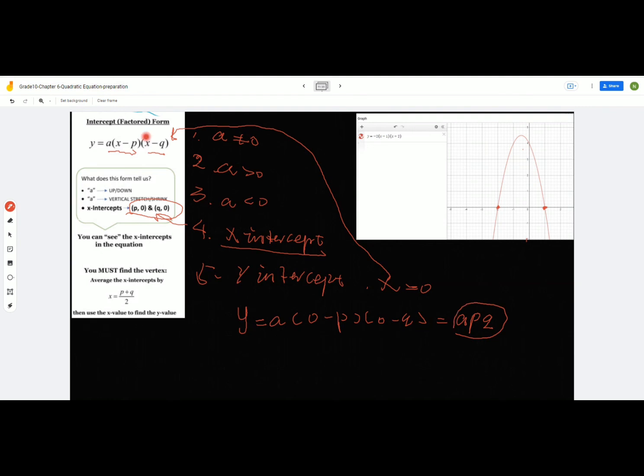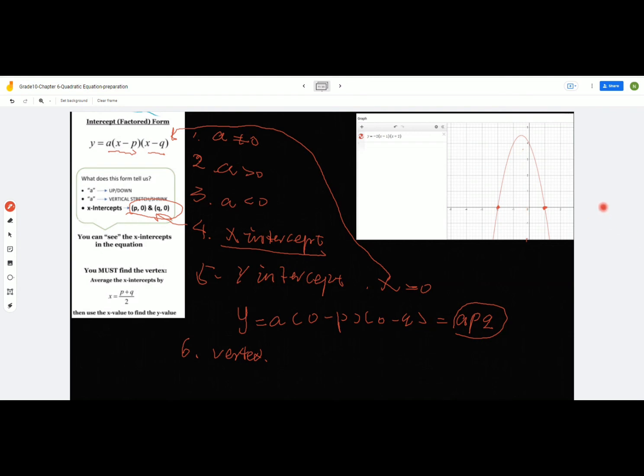So we have the x-intercepts and the y-intercept. Next, we want to get the vertex. For the vertex, it's easy: these are the zeros. We can find the x value of the vertex in the middle, the midpoint.